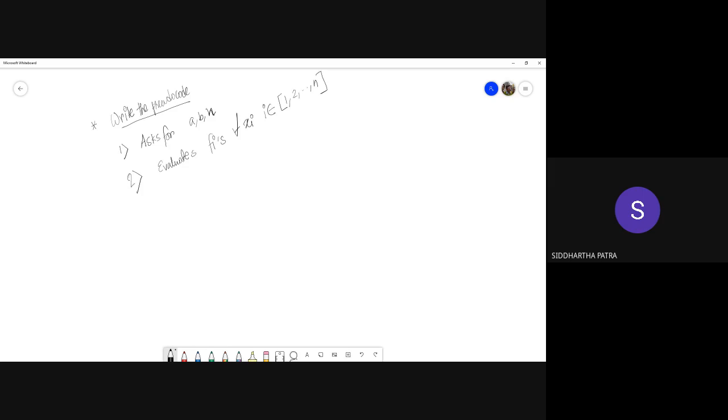Then the program or the pseudocode should ask which difference to give. The input to that could be either forward difference, backward difference, or central difference.